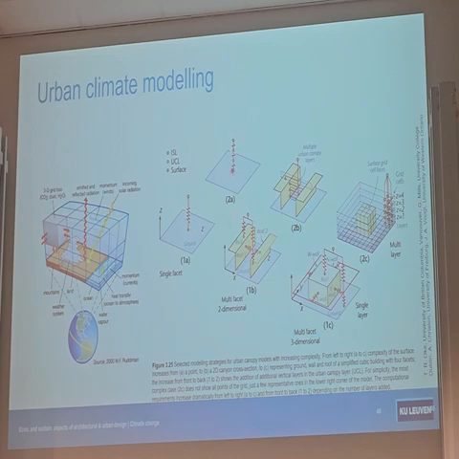You could add some more resistance elements in it, and you could further refine it till you end up somewhere here on the upper right, where you define your city into very small grid boxes and start calculating all physical processes in there.